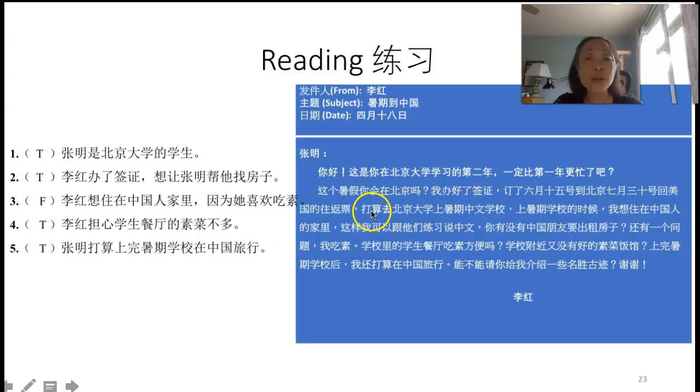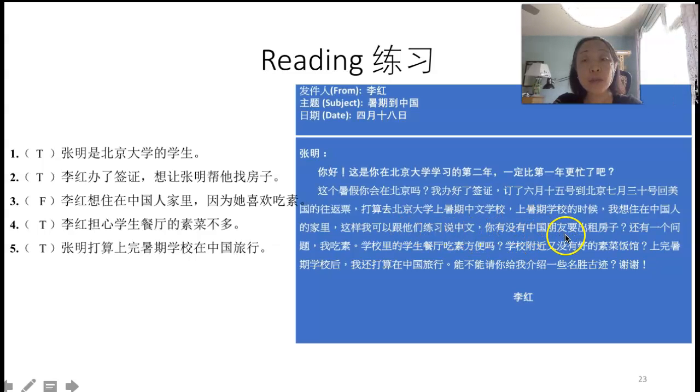So I'm planning to go to Peking University to attend a summer Chinese school. 上暑期学校的时候，我想住在中国人的家里. So when I'm attending the summer school, I want to stay in a Chinese family. 这样我可以跟他们练习中文. So by doing so, I can practice speaking Chinese with them.